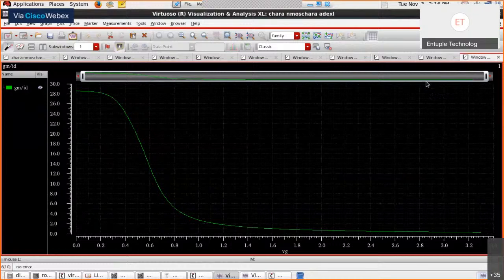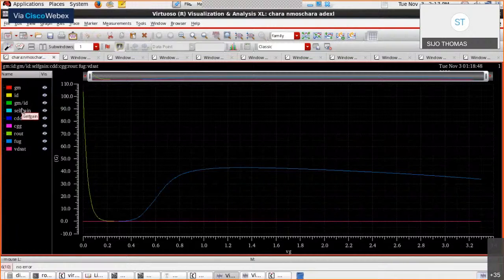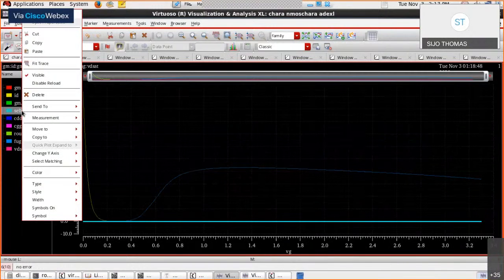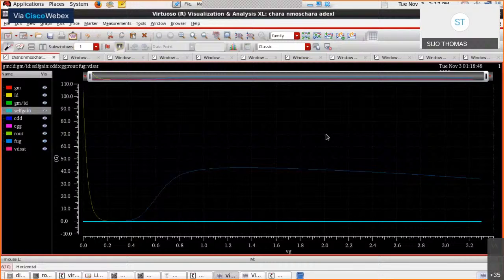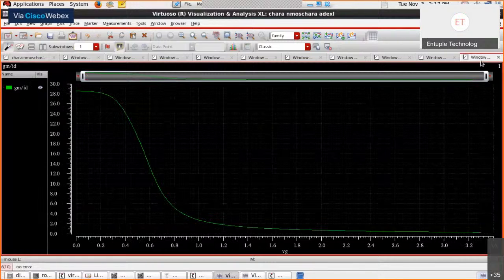So this is VGS across GM by ID. Now I am trying to plot self gain across GM by ID, so you can select self gain, copy, and paste it in the same window.